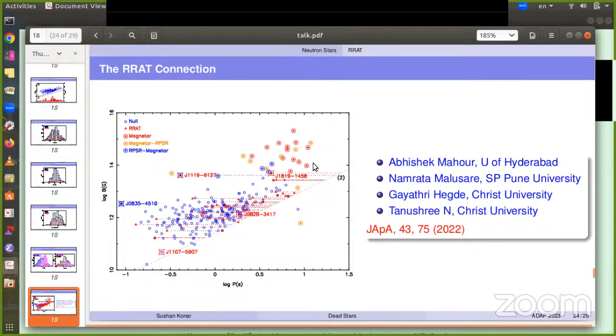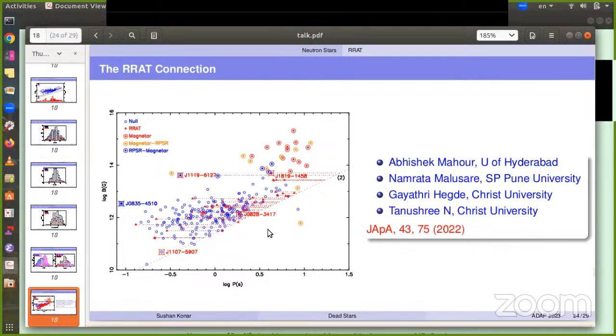And you can see that these objects have much higher magnetic field. So there is a suggestion that the very strong magnetic field of these magnetars is decaying, and if the magnetic field is decaying, they will come down, also slow down, so they would take a trajectory like that and cross the death line.